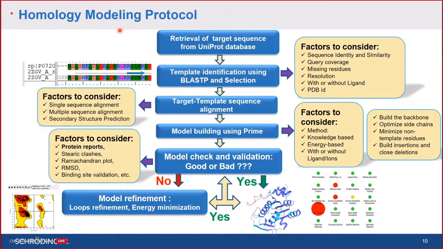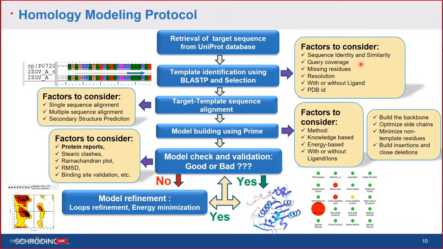In general, the homology modeling protocol includes, first of all, the retrieval of the target sequence of your protein, which you can get from the UniProt database, and we will see how. Once you have the sequence, you need to perform a BLAST search to identify a suitable template, mostly based on sequence similarity or identity.